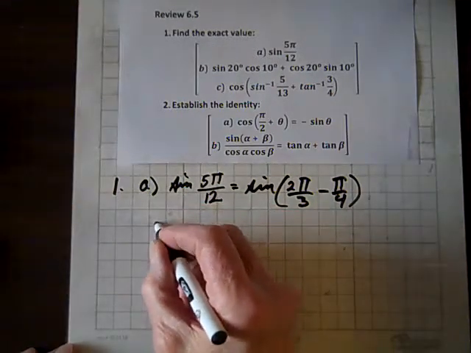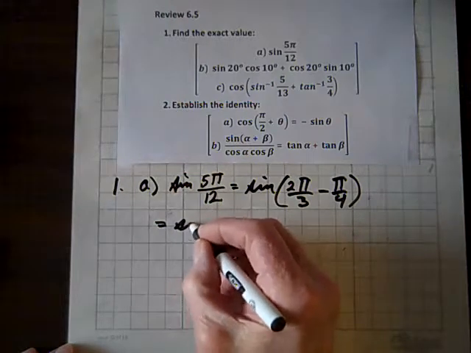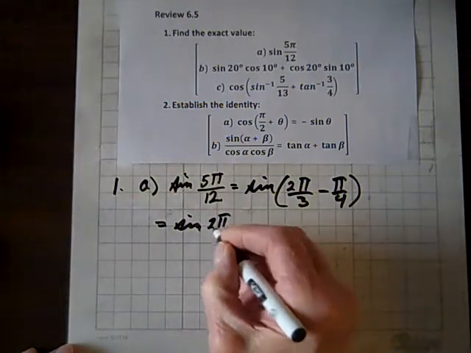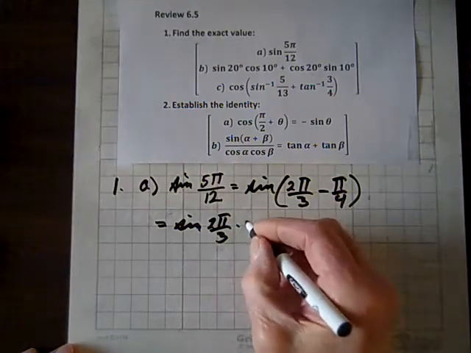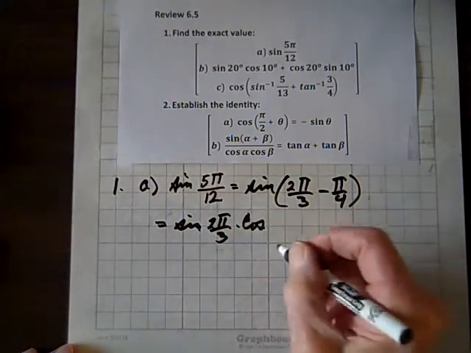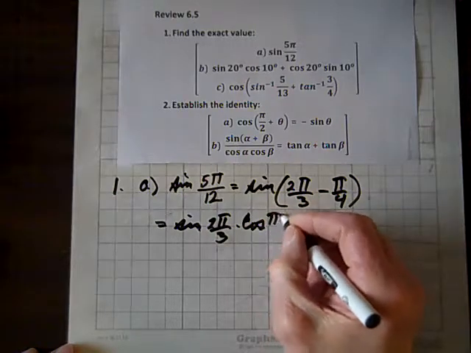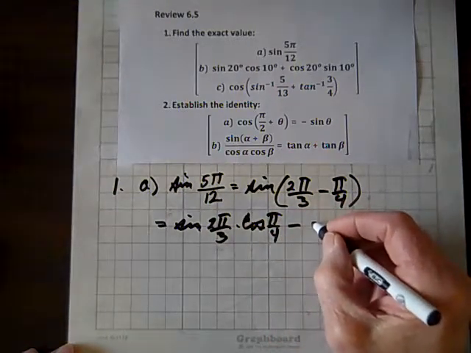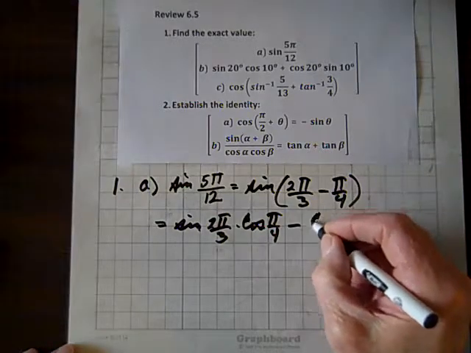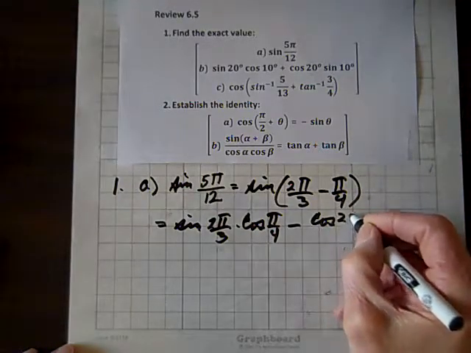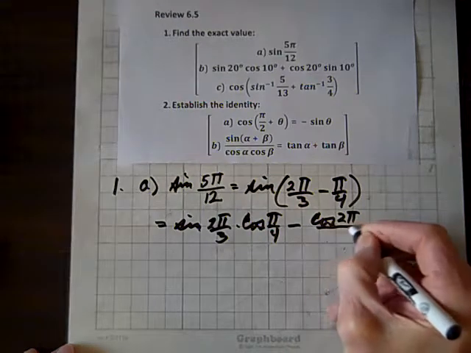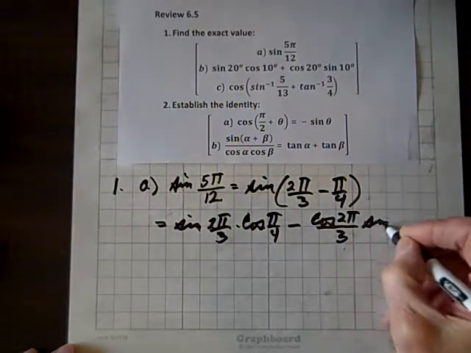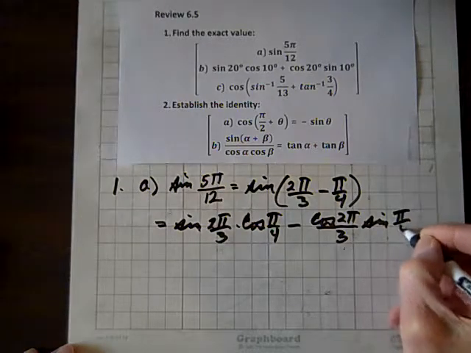So then this equals the sine of 2 pi over 3 times the cosine of pi over 4 minus the cosine of 2 pi over 3 times the sine of pi over 4.